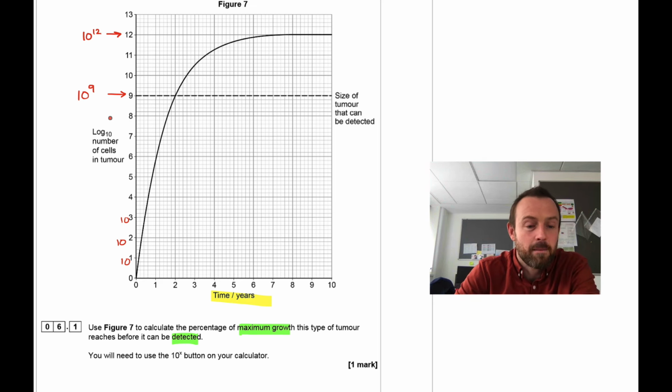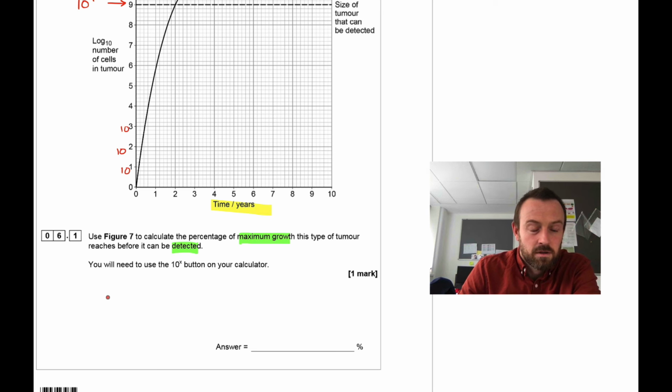Okay, so that means the percentage is simply 10 to the 9 divided by 10 to the 12. So if we do that on our calculator, 10 to the 9, I can do this sort of longhand actually, can I? Yeah, so that's 1 billion, 10 to the 9.